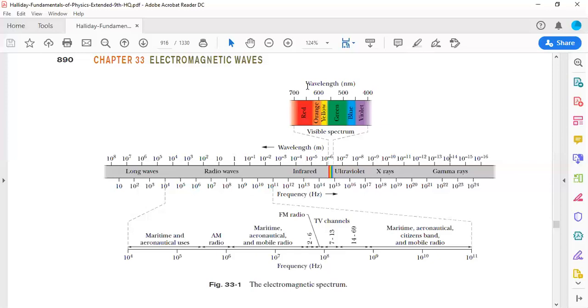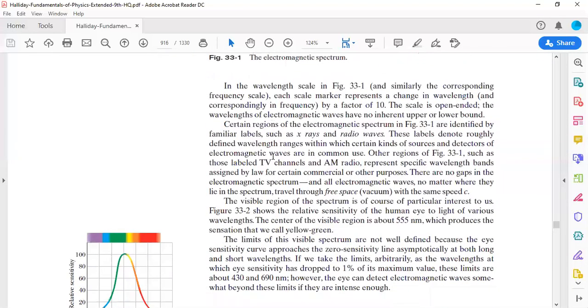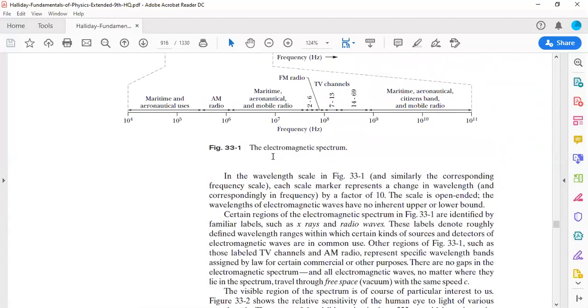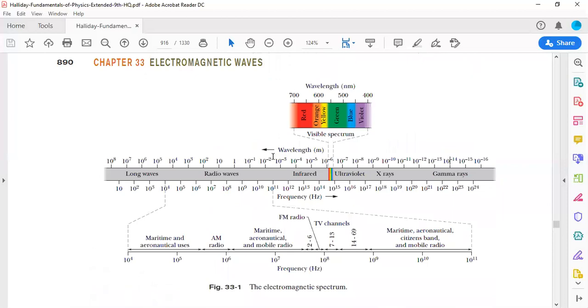You have to prepare this electromagnetic spectrum in detail so that you can understand its features, how waves can travel through space without any medium, and what happens when some medium comes into their path.